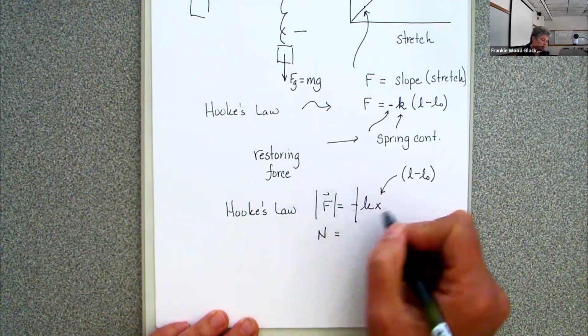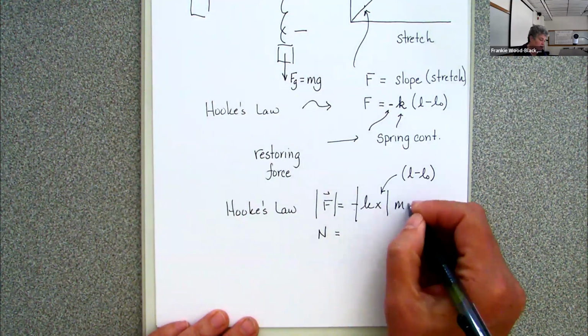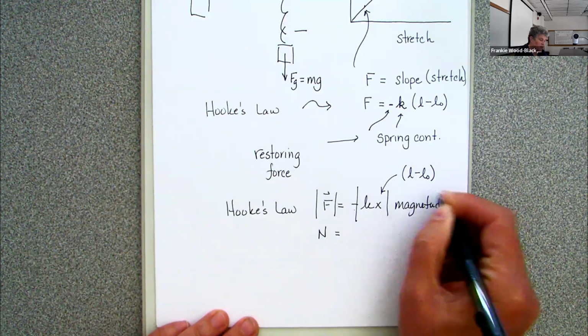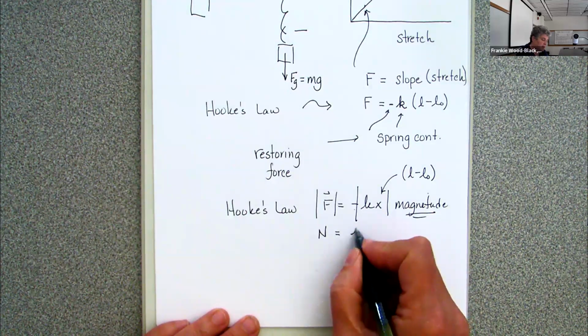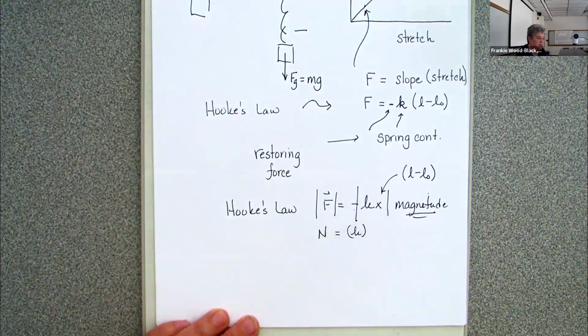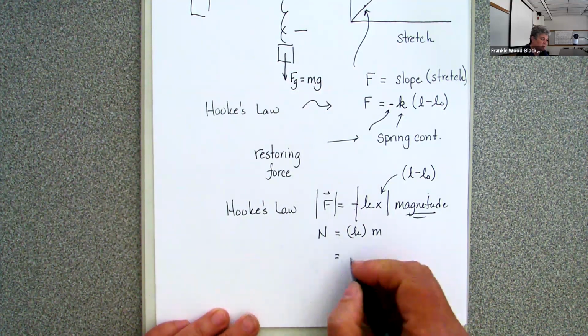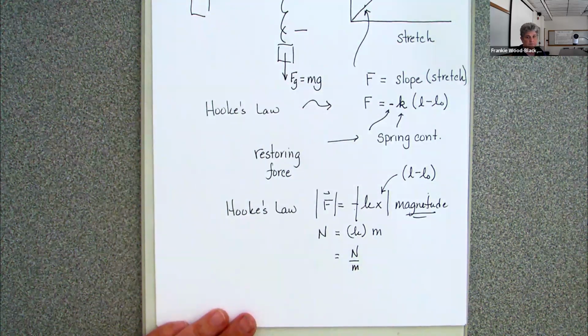If I do the absolute value, I don't have to worry about my negative, and this deals with our magnitude. But I get my force in newtons, then I get this stretch here, and this is in meters. So my spring constant is usually written in newtons per meter.